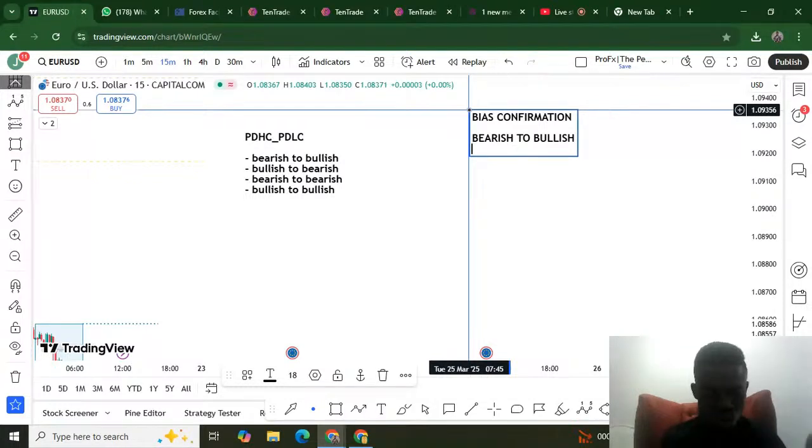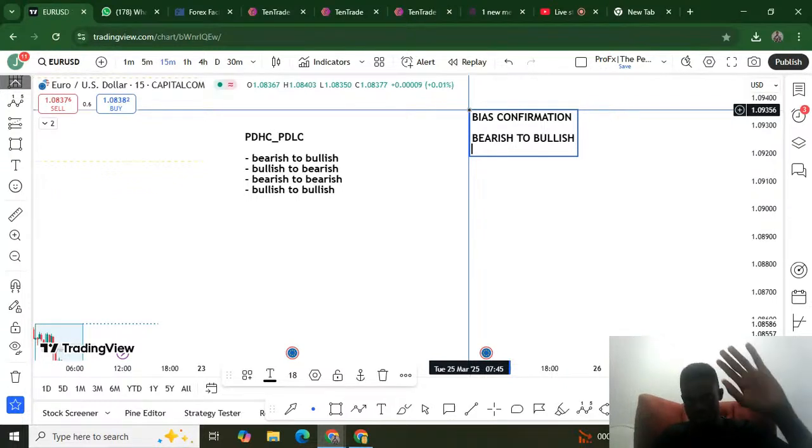Or two, there won't be manipulation, there will just be distribution. The case where you have manipulation is where you will see a wick on the daily candlestick before it starts selling or buying. But the case where there won't be manipulation is where you will not see any wick on the daily time frame. So I'll give us the scenario for where there is manipulation and where there is no manipulation.